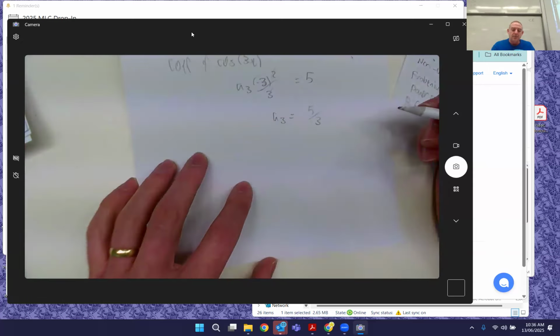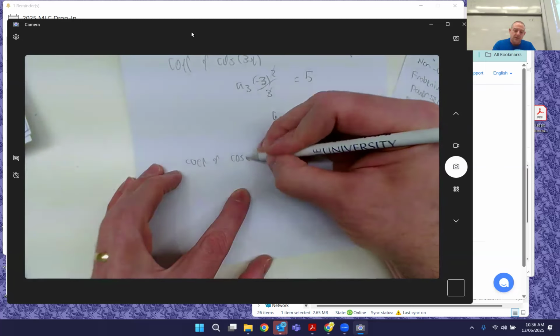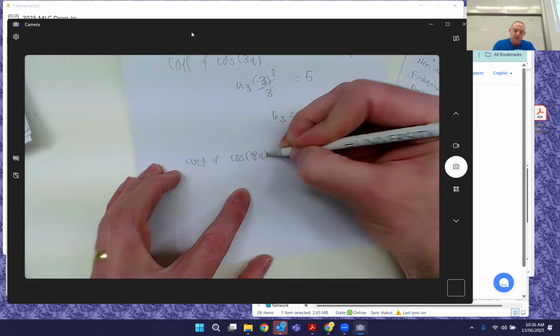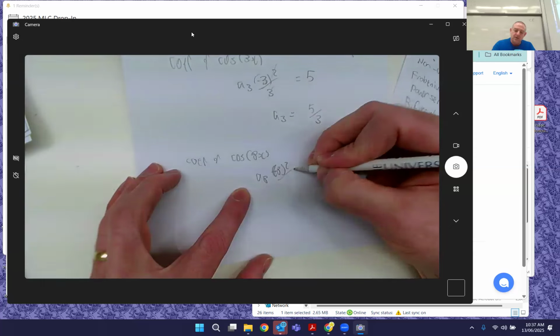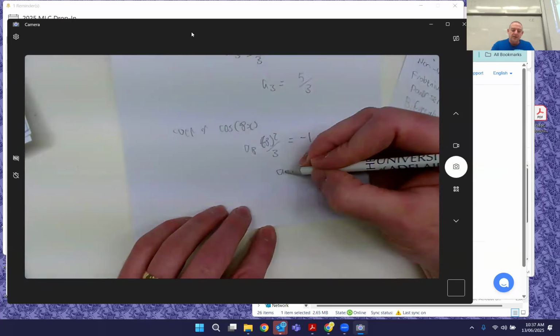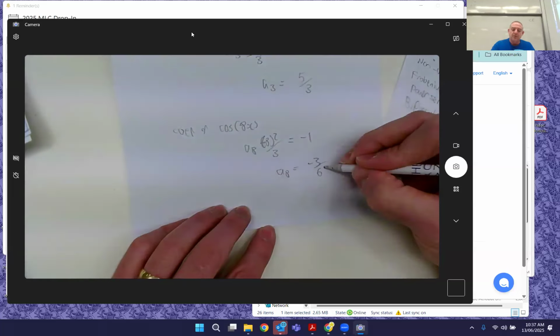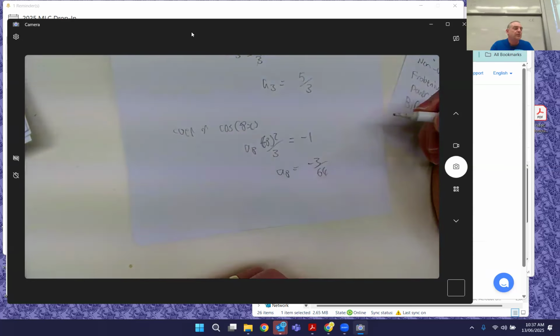And then the coefficient of cos of 8x is minus A8 times 8 squared on 3, and it's minus 1, and so therefore A8 is 3 on 64. And that's it. It tells you the coefficients.